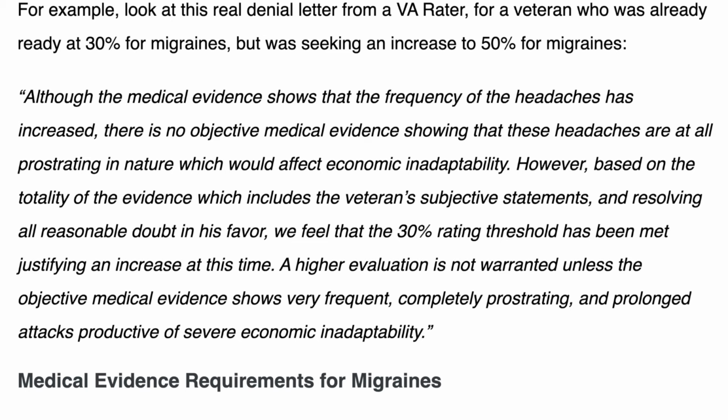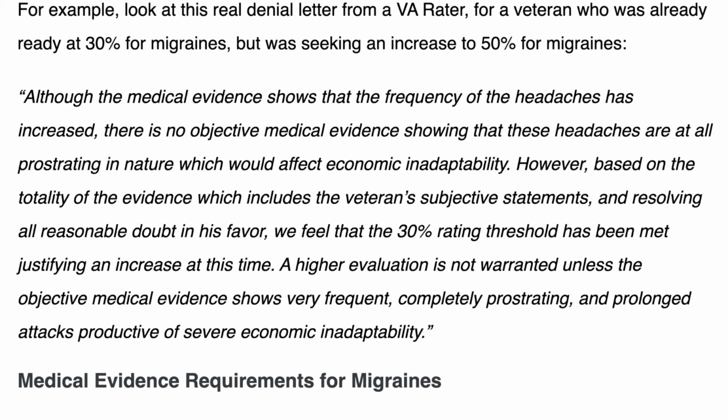Although the medical evidence shows that the frequency of the headaches has increased, there is no objective medical evidence showing that these headaches are at all prostrating in nature, which would affect economic inadaptability. However, based on the totality of the evidence, which includes the veteran's subjective statements and resolving all reasonable doubt in his favor, we feel that the 30% rating threshold has been met, justifying an increase at this time.